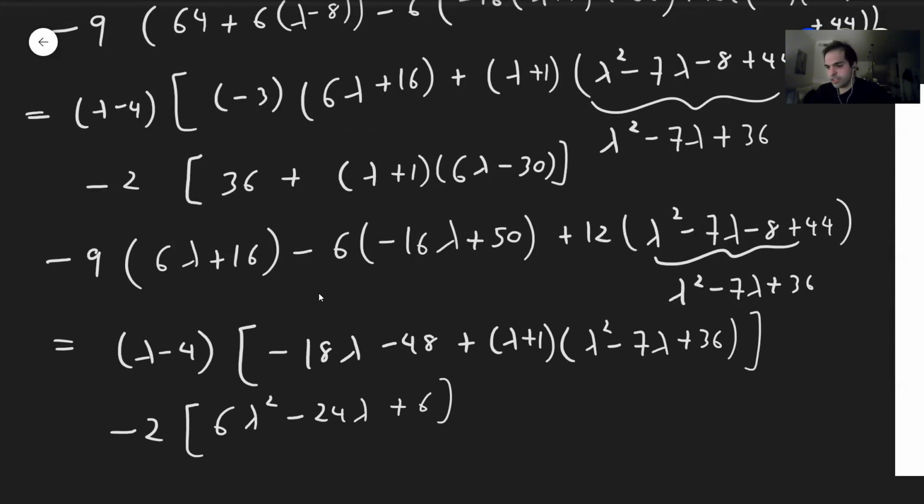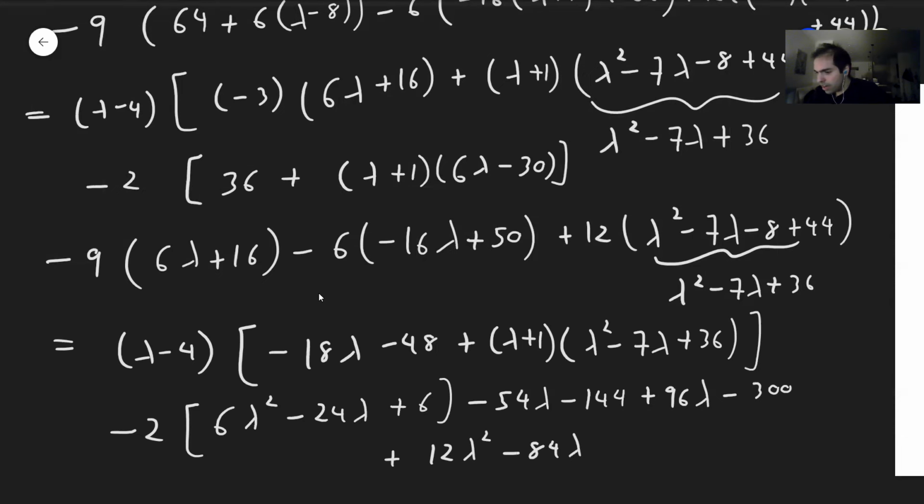And then all this gibberish, so minus 54 lambda, minus 144, and plus 96 lambda, and then let me see, minus 300, and then plus 12 lambda squared, and then minus 84 lambda, and then plus, one second, where is it? Okay, plus 432. Again, kind of crazy, but I believe you can.